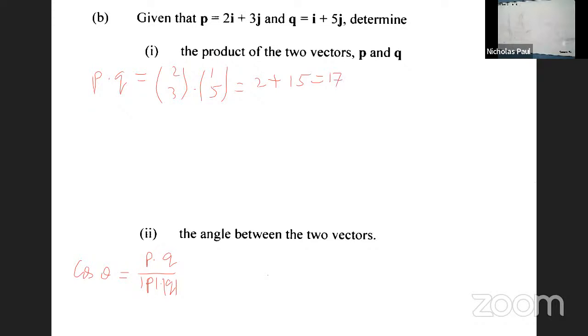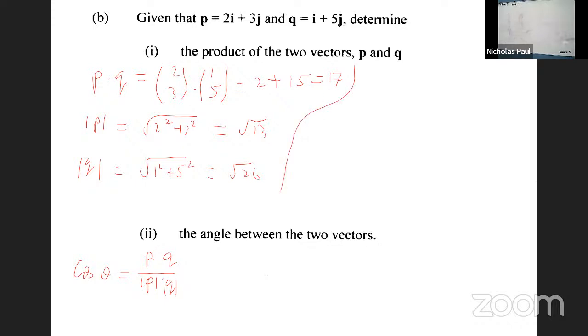Then you want to get the magnitude of P. That is square root of 2 squared plus 3 squared, so that's 9 and 4, 13. And then Q, that's the square root of 1 squared and 5 squared, square root of 26.